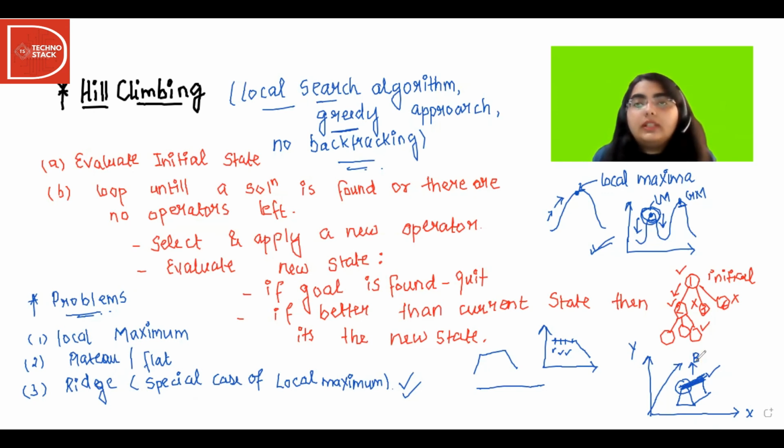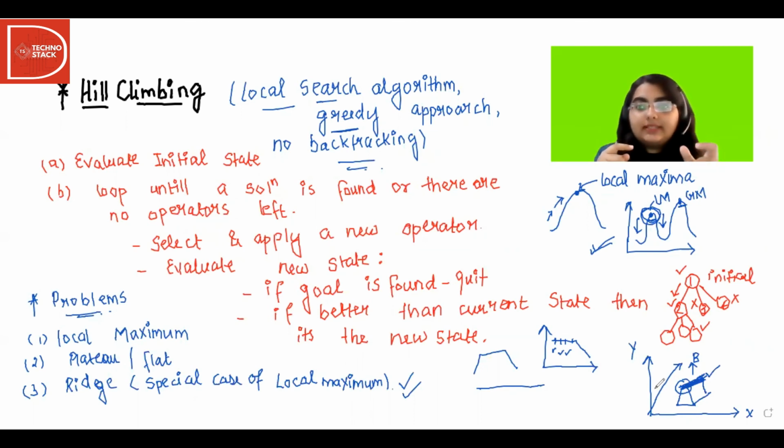Okay, so till now let's quickly revise. Hill climbing is called a local search algorithm. It uses a greedy approach and there is no backtracking. We evaluate the initial state and loop until the solution is found or there are no more operators left in the problem. We select and apply a new operator and then evaluate the new state until we find the goal state, then we quit.